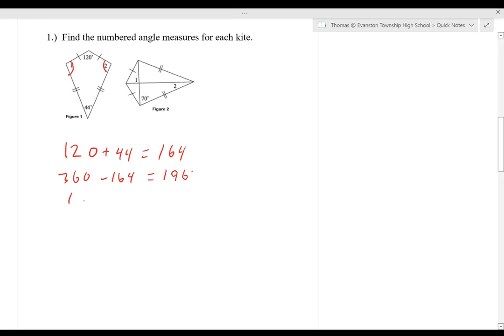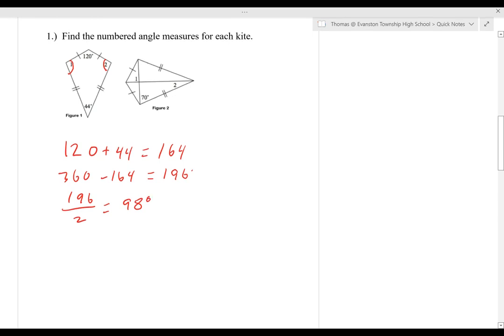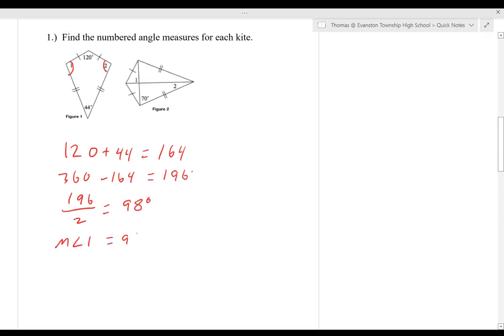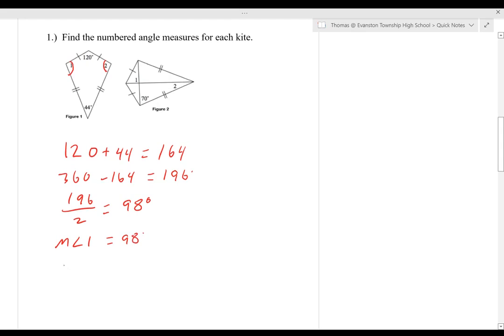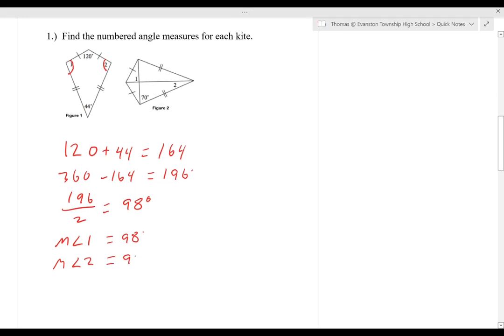So I can take 196 divided by 2, and we get 98 degrees. So the measure of angle 1 equals 98 degrees. And the measure of angle 2 is also 98 degrees.